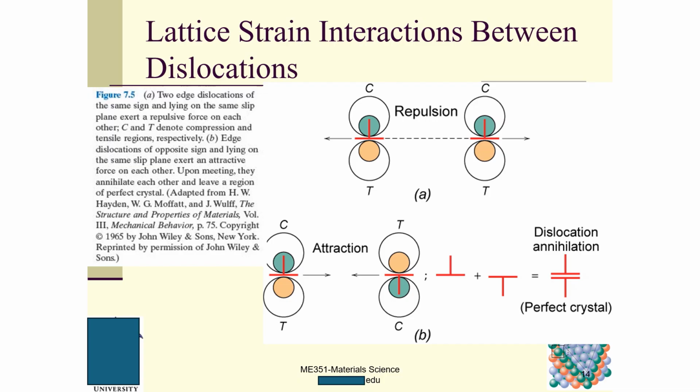That means this dislocation disappears, and this dislocation disappears. We call this phenomenon dislocation annihilation. So this is a perfect crystal.